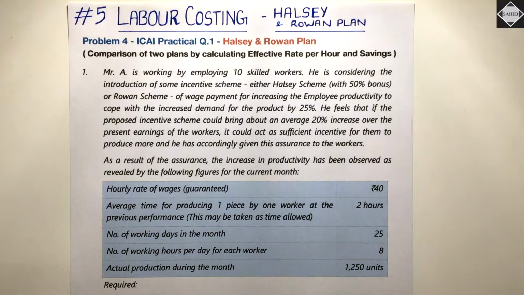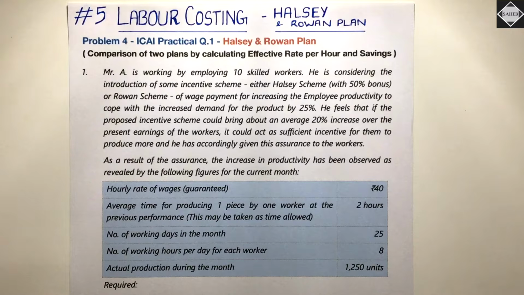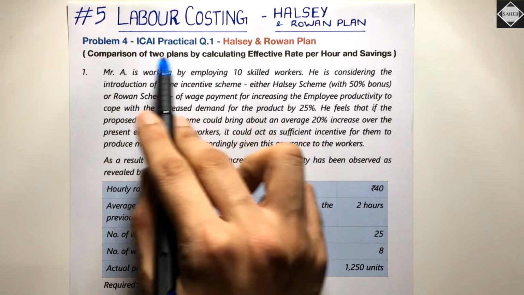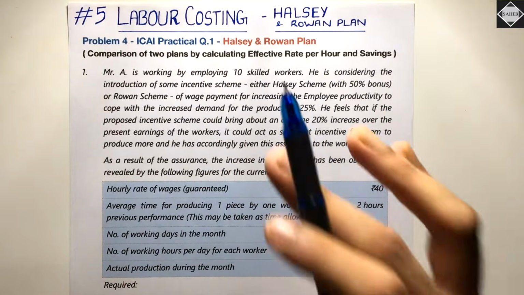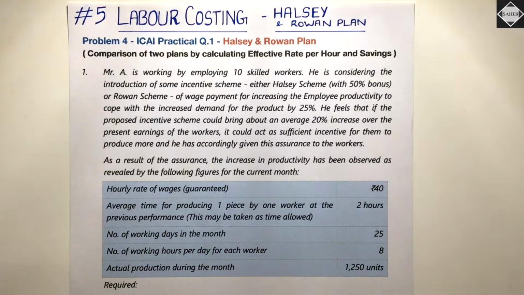Today in this fifth video of the labor costing chapter, we are going to solve our fourth problem of the Halsey and Rowan plan. This question I have taken from the ICAI study material, practical question number 1. The interesting thing about this question is that the business is currently following the time wage system of remuneration and is thinking of going for bonus incentive schemes.